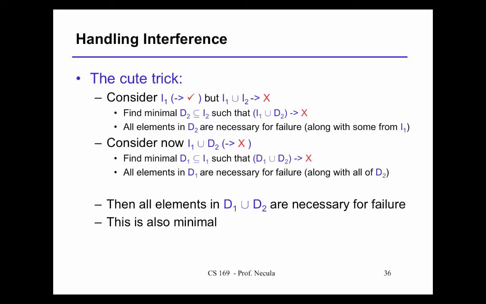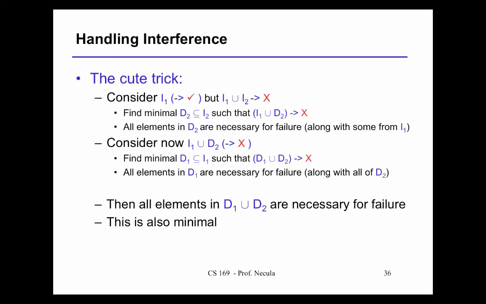What we're going to do is search inside I2 first. We're going to search for the minimal subset of I2 such that along with I1 it fails. You know that there's something inside I1 and something inside I2 that make up your failure.